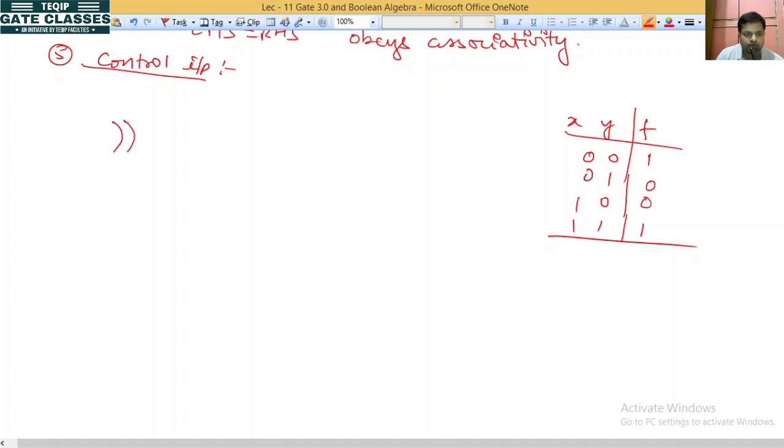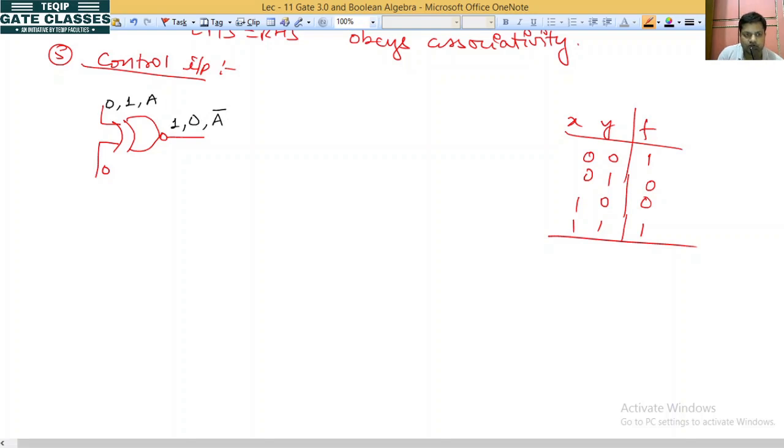Now I have XNOR and I am fixing one input of this at 0. And I am going to keep on changing the second input. If we give 0, both are same, output will be 1. If we give 1 here, so both are different, output will be 0. Okay na? If we give A here, what will it produce? It produces A bar.